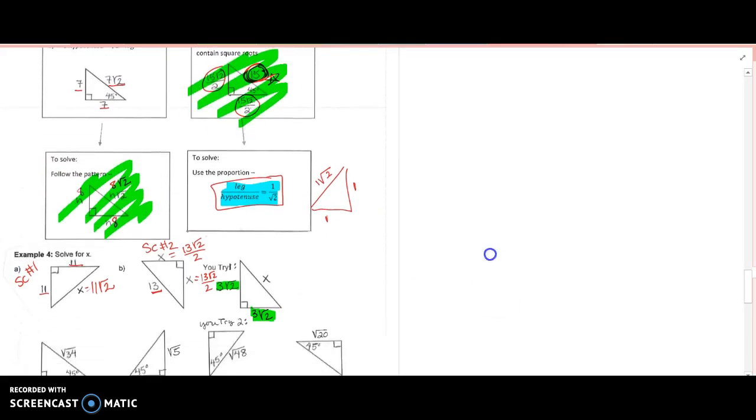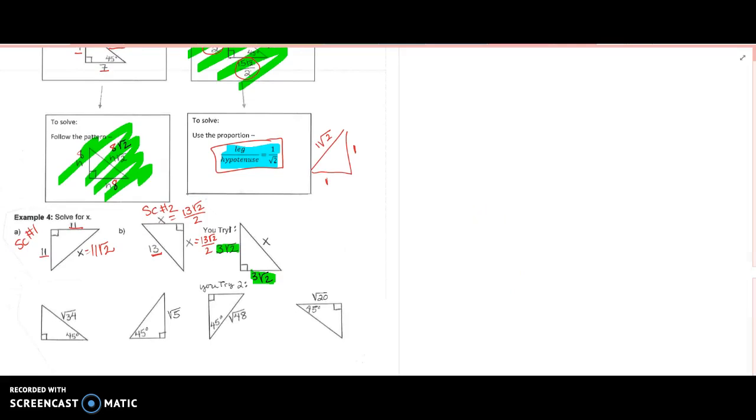What's going on? So when I don't know what to do, this is, friends, when you go to your proportion. Use the proportion is your method. All right, so it says leg is to hypotenuse. My leg to hypotenuse is as 1 is to square root 2 is my proportion.